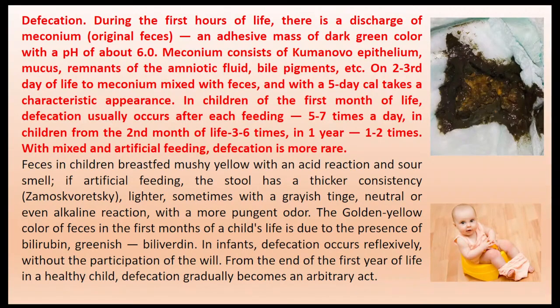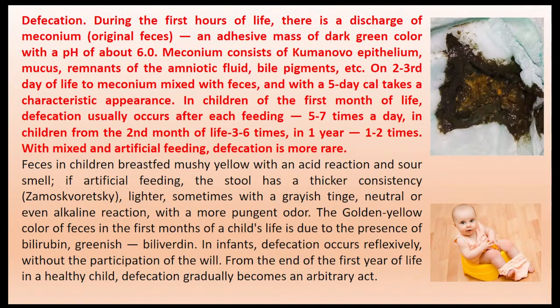Meconium consists of epithelium, mucus, amniotic fluid, bile pigments, and enzymes. On the second or third day of life, the meconium mixes with feces, and by the fifth day the stool takes on a characteristic appearance.